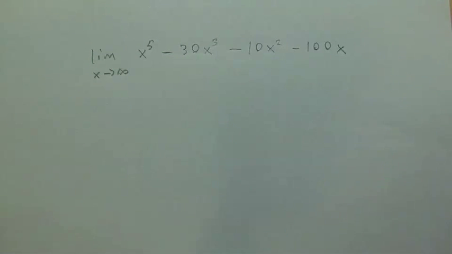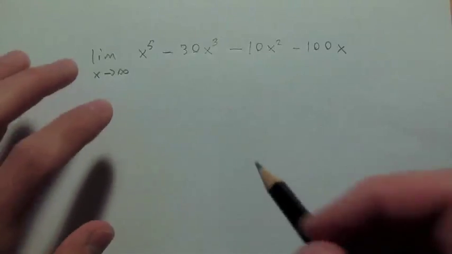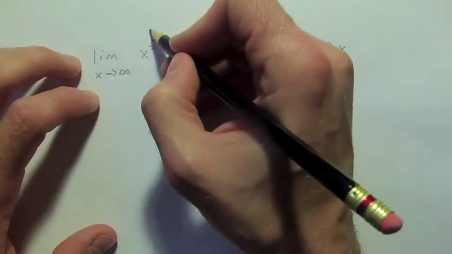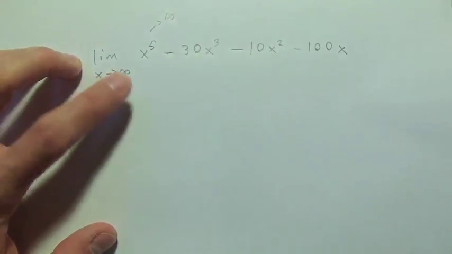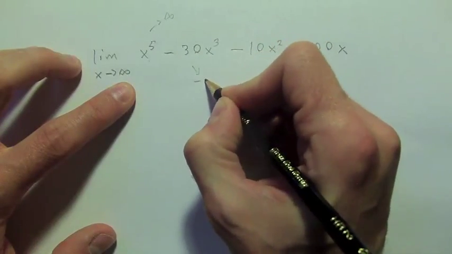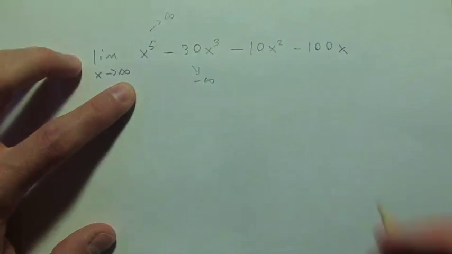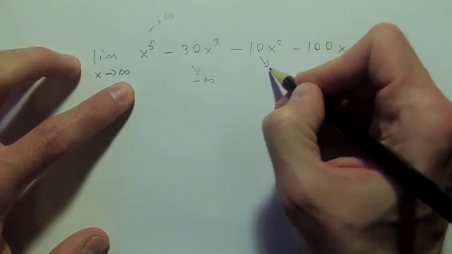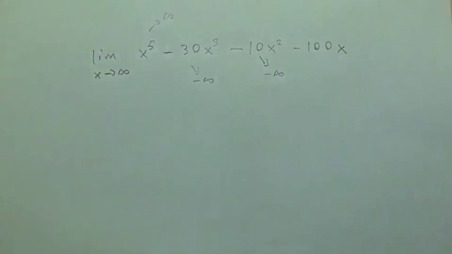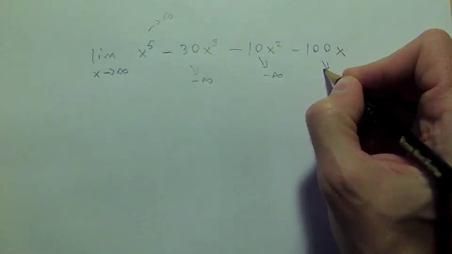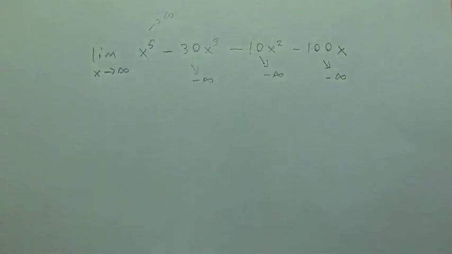Now here, we know that x to the fifth goes to infinity as x goes to infinity. But negative 30x cubed goes to negative infinity. And negative 10x squared also goes to negative infinity as x goes to infinity. And negative 100x as x goes to infinity goes to negative infinity.